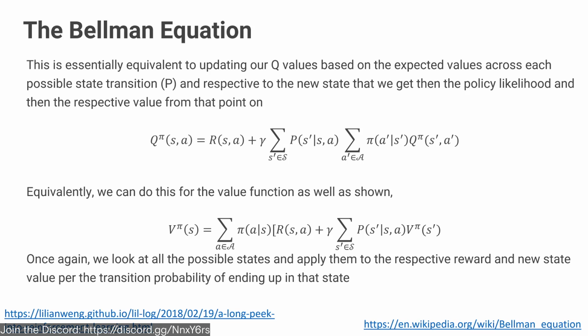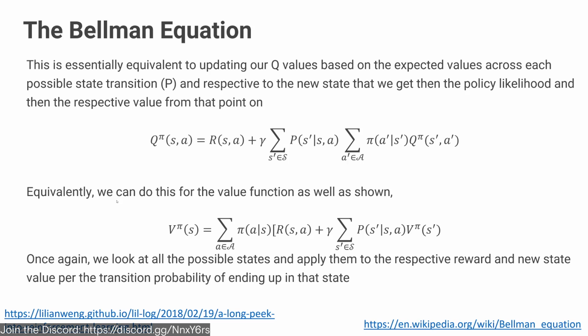Going back to this equation of the recursive definition of the Q state action function, we get the immediate return given that state action pair. Then we have to look at all of the possible transitions that we could possibly see, and then across that, all of the possible actions that we can take from that new state, and then the respective state action value from that state.